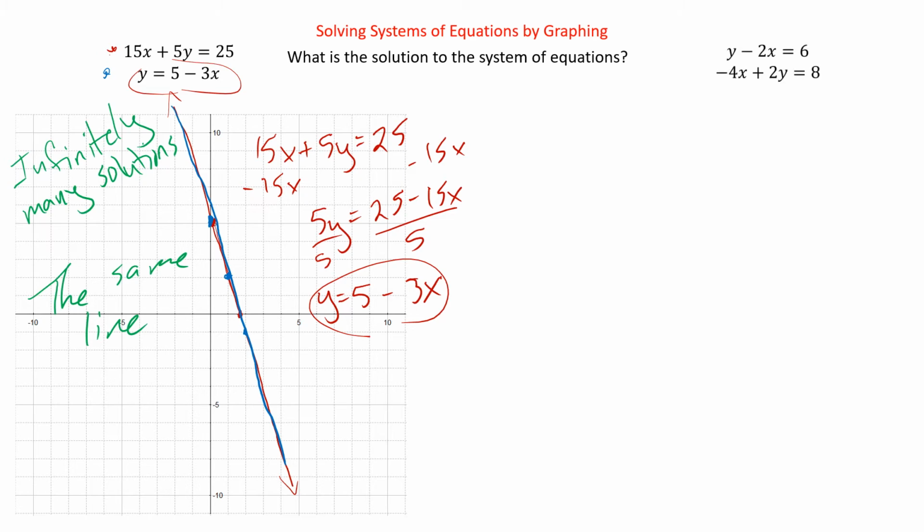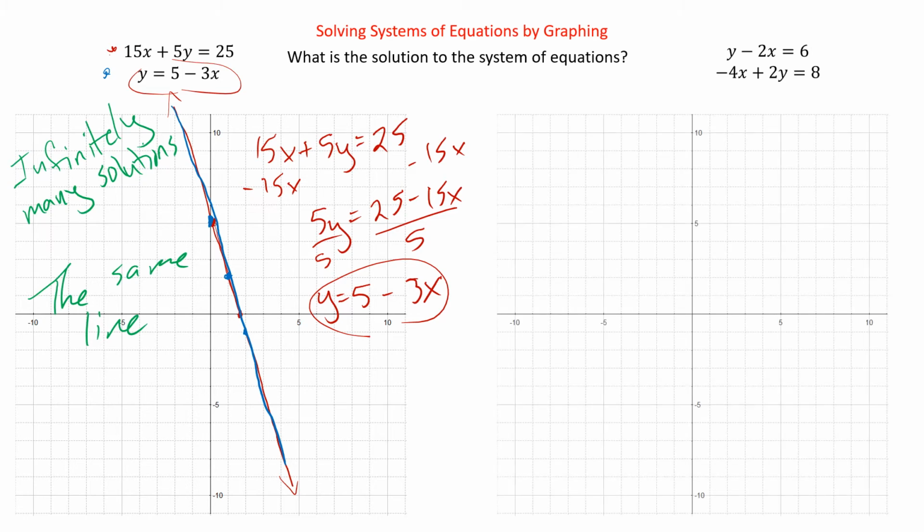The other option, so that's infinitely many solutions. This one's probably going to have 0 solutions, just because that's what we're talking about here. If we take the first one, oh, these are both in standard form, so we'll do intercepts. So when x equals 0, y equals 6. And when y equals 0, we have negative 2x equals 6.